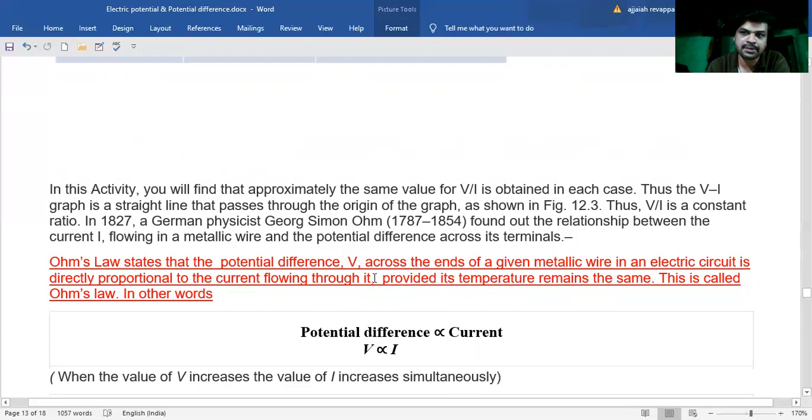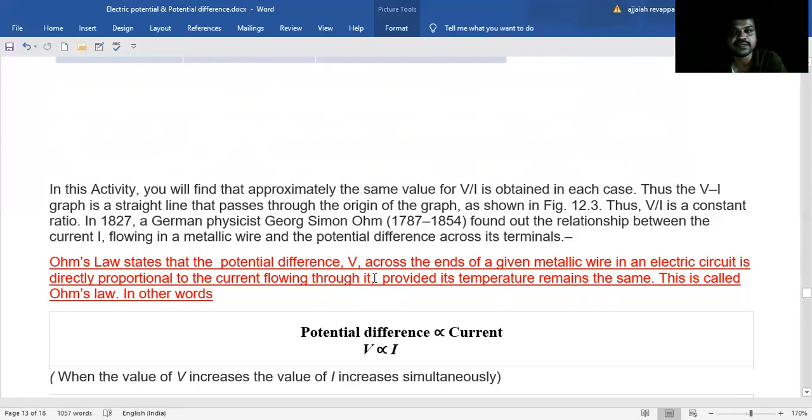Suppose we increase the temperature gradually. As we pass electric current through the nichrome wire, after a few minutes, after 5 minutes, because of more resistance inside, heat is going to develop inside the nichrome wire. Then the temperature increases.